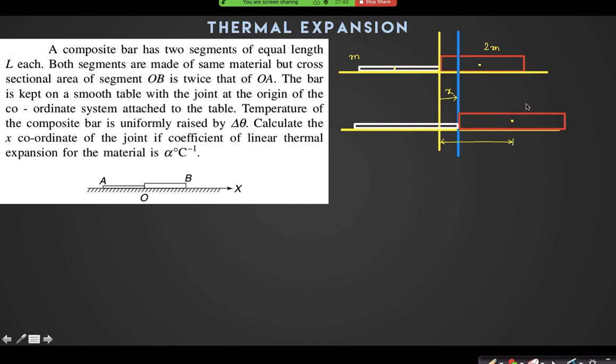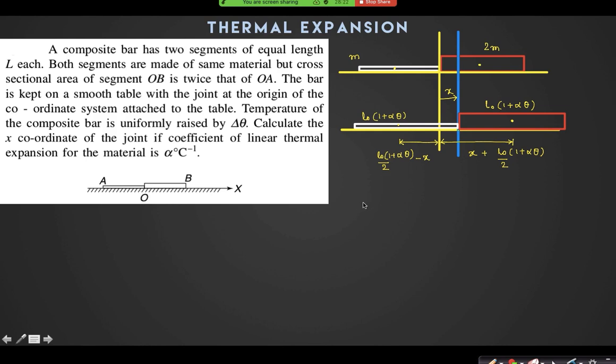This length has now become L naught into (1 plus alpha theta). This length is also L naught into (1 plus alpha theta). So this center of mass is x plus L naught into (1 plus alpha theta) divided by 2, and this center of mass is L naught into (1 plus alpha theta) by 2 minus x, because from here to here it is L naught by 2 into (1 plus alpha theta) minus x.